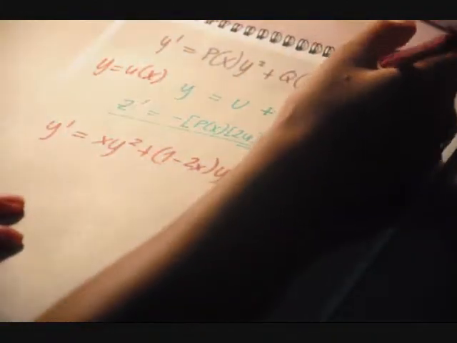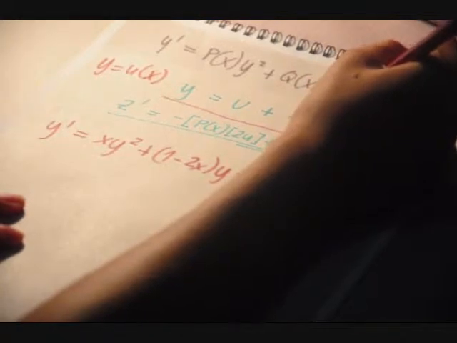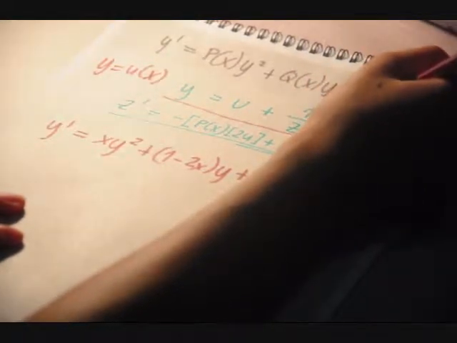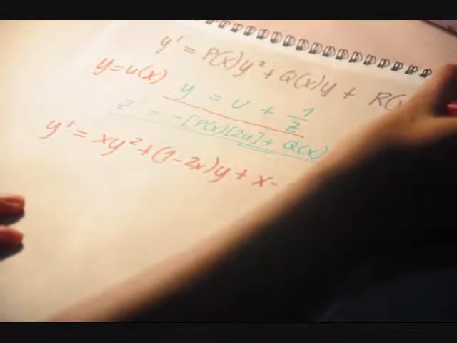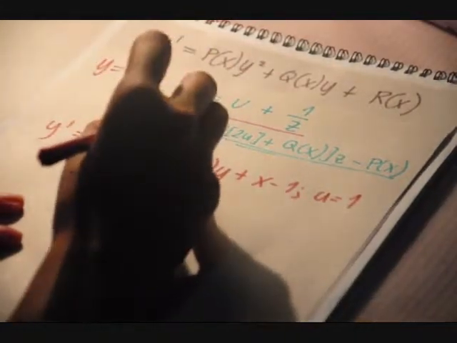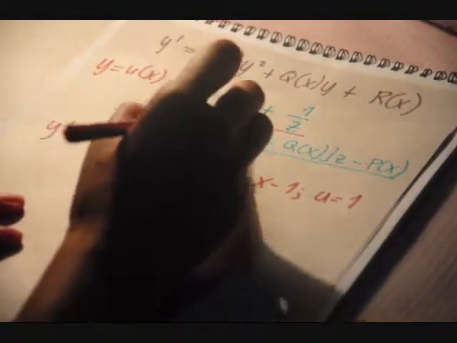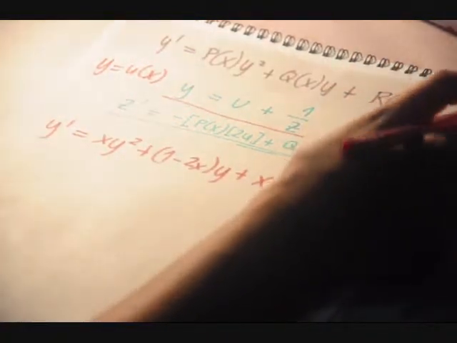By substitution of y is equal to u plus 1 over z, the equation can be transformed to a linear first-order equation with new dependent variable z. This linear first-order equation is z prime is equal to negative the quantity (p of x times 2u plus q of x) times z minus p of x.